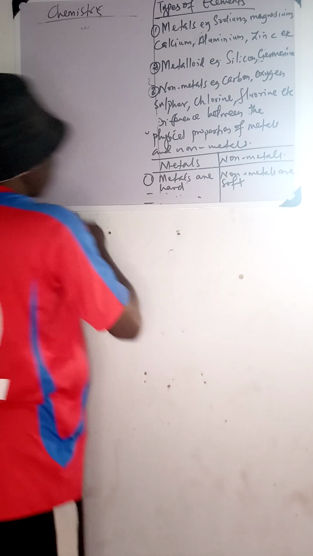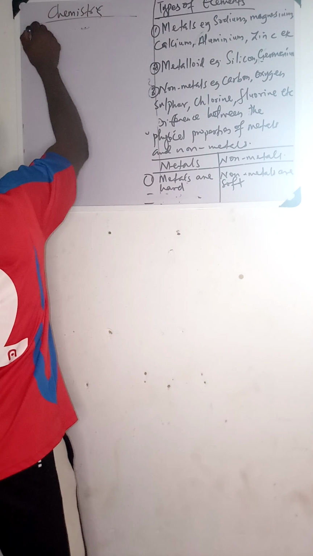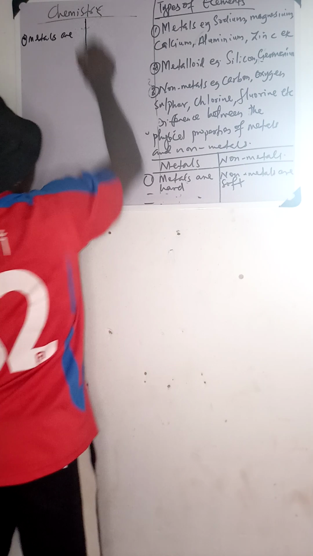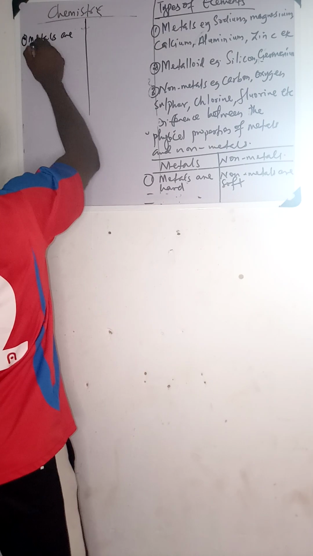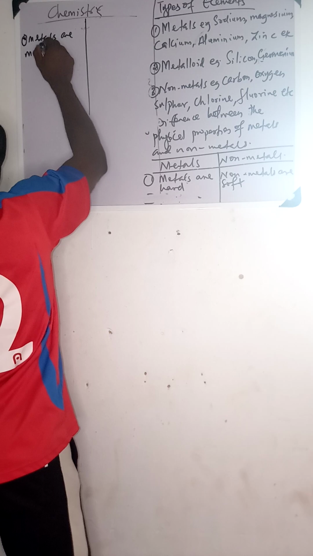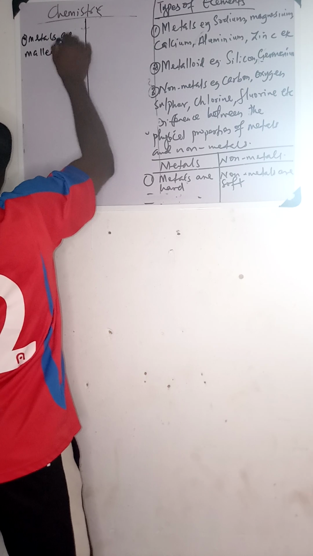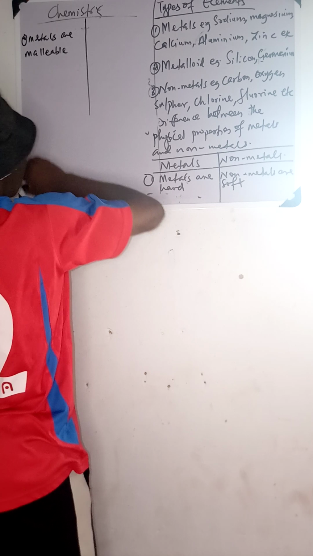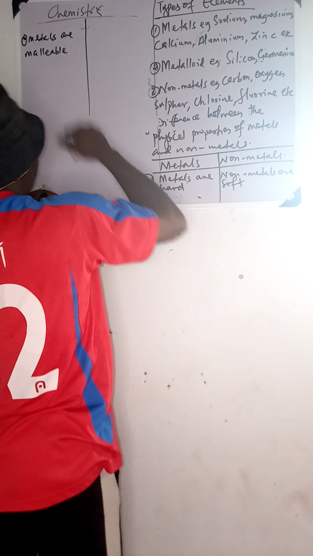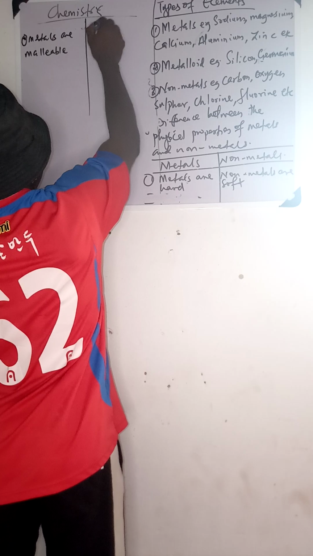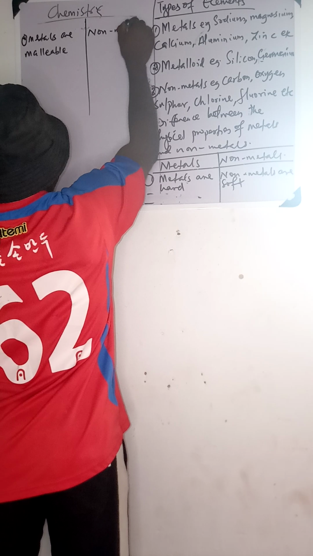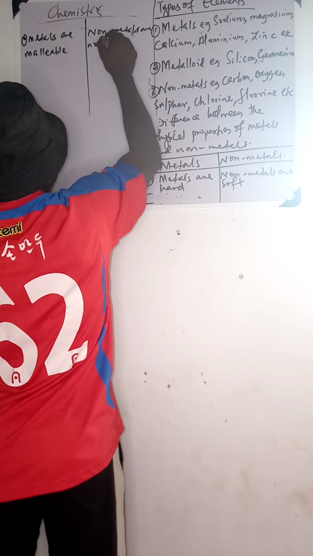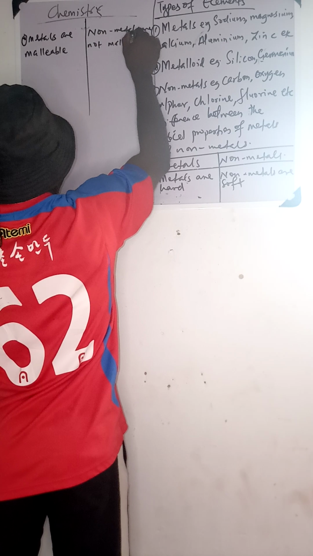Two, metals are what is called malleable. That is the ability of a metal to be hammered or beaten into a thin shape, whereas non-metals are not malleable.